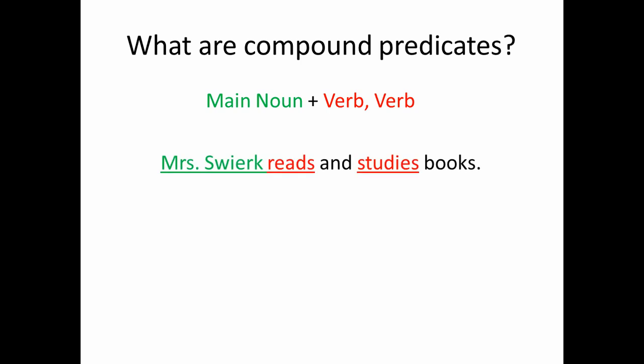Here's an example. Mrs. Swerk reads and studies books. Who is the sentence about? It's about Mrs. Swerk, and she's doing two things in this sentence. She reads and studies books. This one subject is doing two different actions.